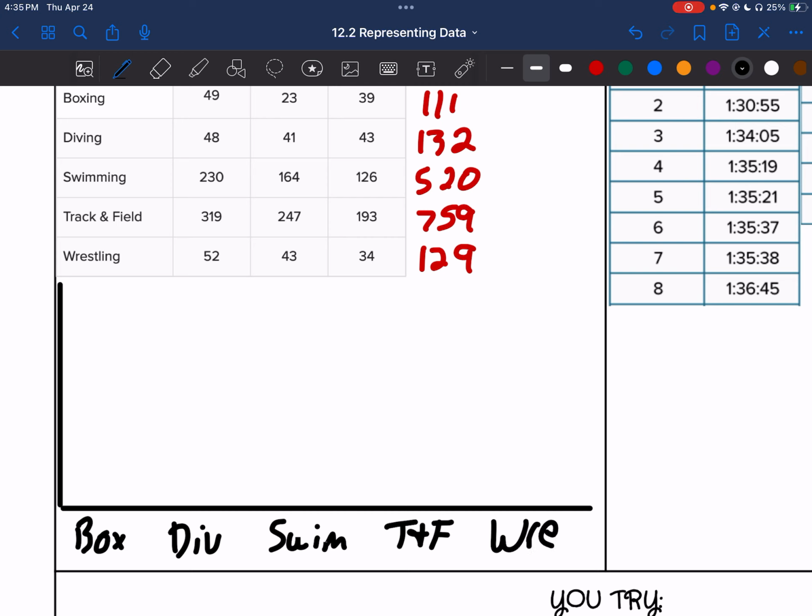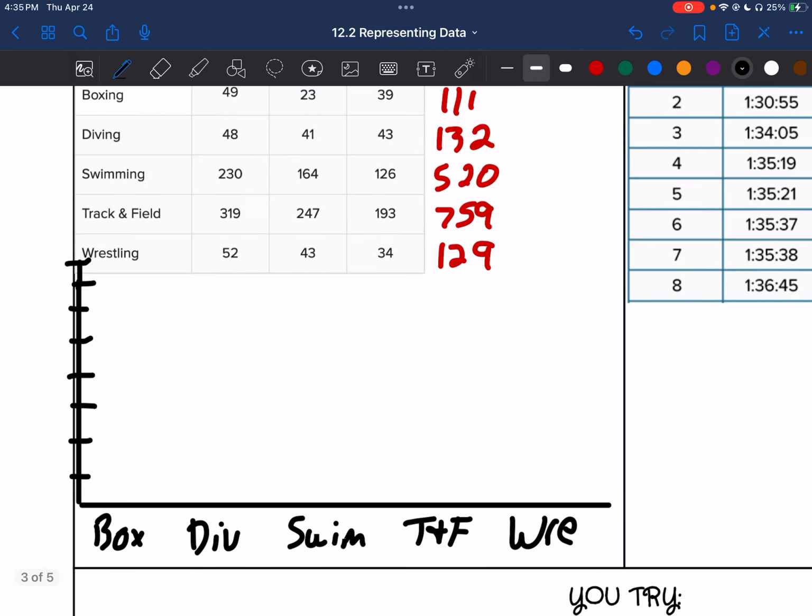And going up our axis, we need to extend it a little bit and go to 8. So we're going to go by 100. So 100, 200, 300, 400, all the way up to 800.